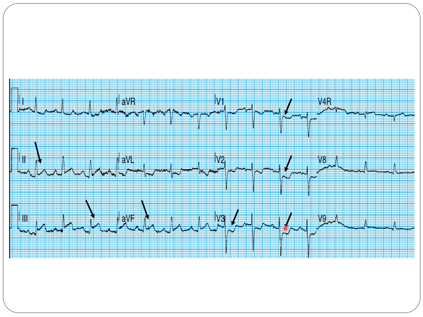Putting up the posterior leads, V8, V9 is not confirming any kind of posterior involvement, and there's nothing on the right side. So this is only a hyperacute inferior MI, and possibly we have a subendocardial lesion or anginic pain in the anterior leads.